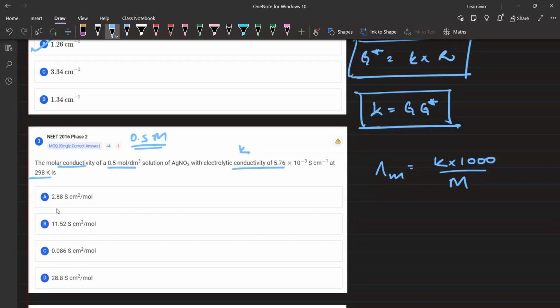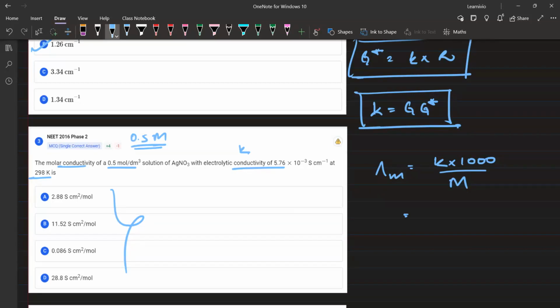So maybe you look at the options and you can choose the correct option without calculating much. Aliya, both of you are getting different answers here.